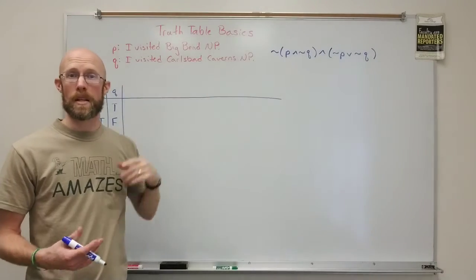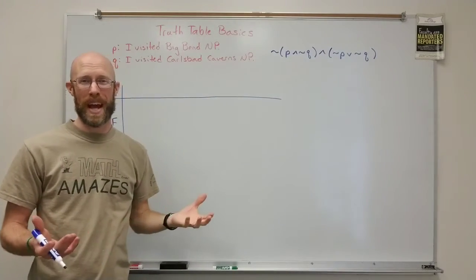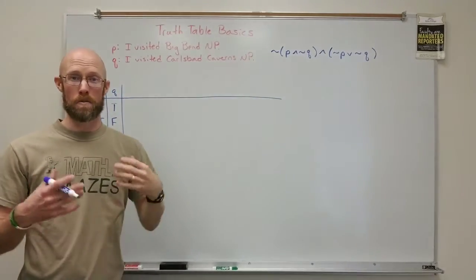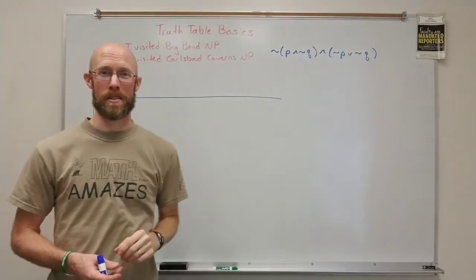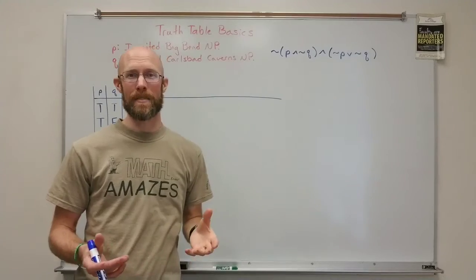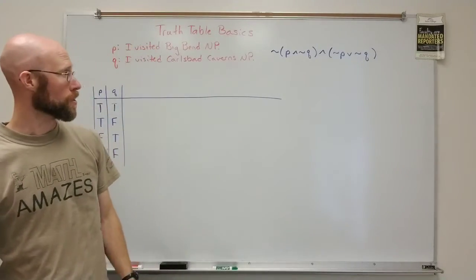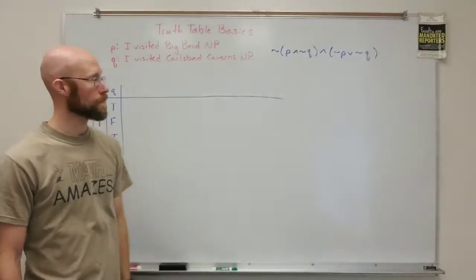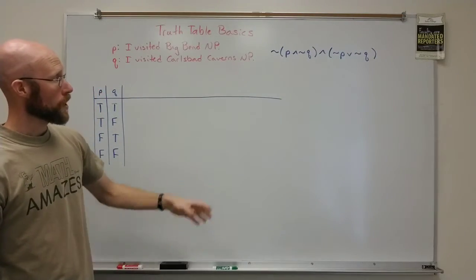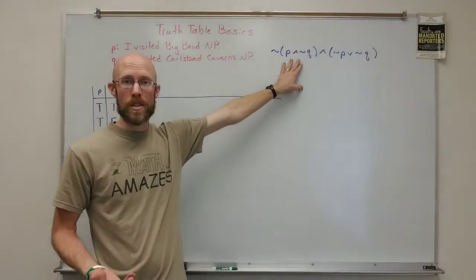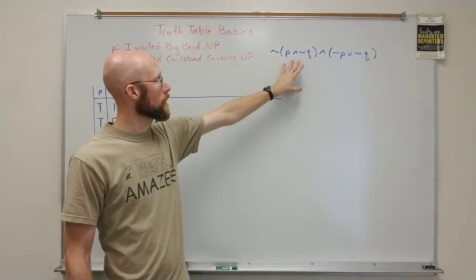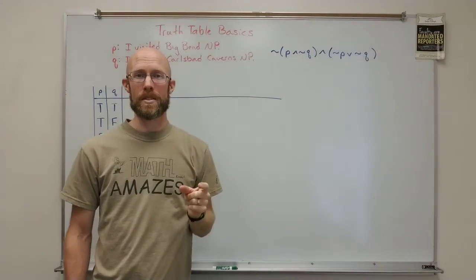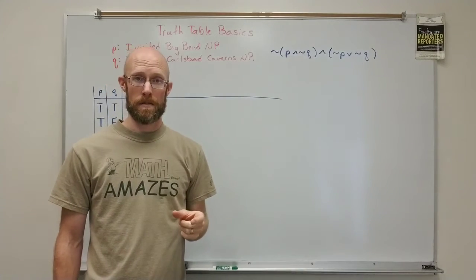In fact, many of them that you'll be getting in the homework won't even have statements there. You're just building the truth table. So whether or not I visited those parks is not relevant to the actual building of the truth table, okay? So here, the strategy that I usually invoke to build the truth table is to start with the least dominant connectives, okay?